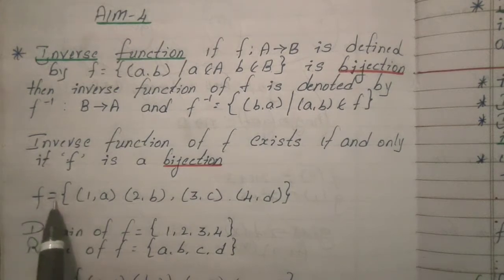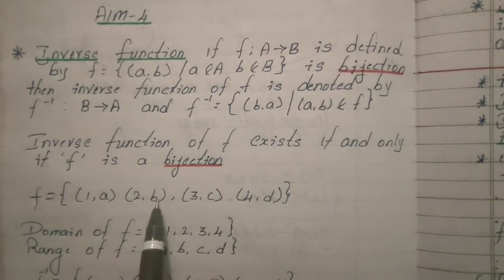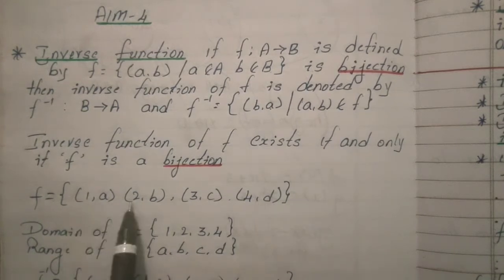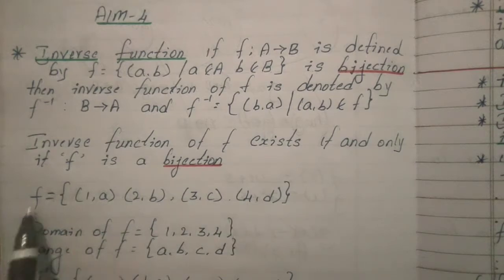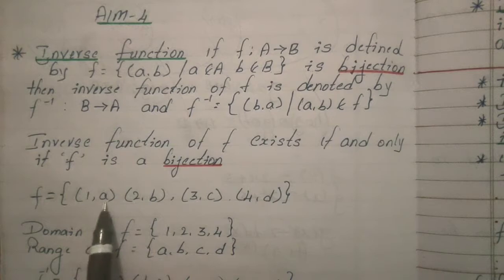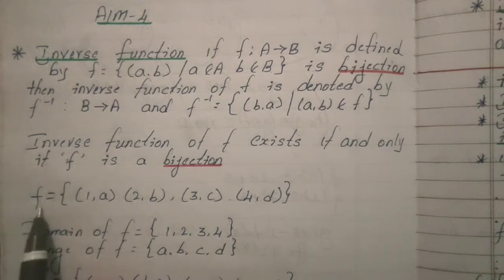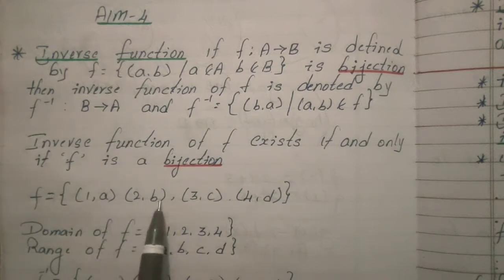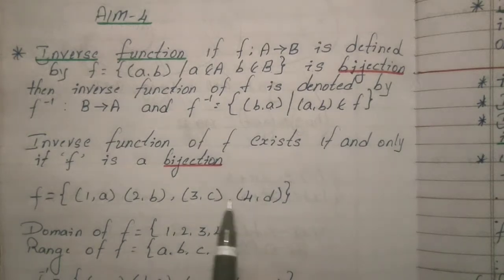Here f is one function: (1, a), (2, b), (3, c), (4, d). In f, every first component is the domain of the function f. The second component of every ordered pair is nothing but the range of the function f. 1 is associated with a, 2 with b, 3 with c, 4 with d.